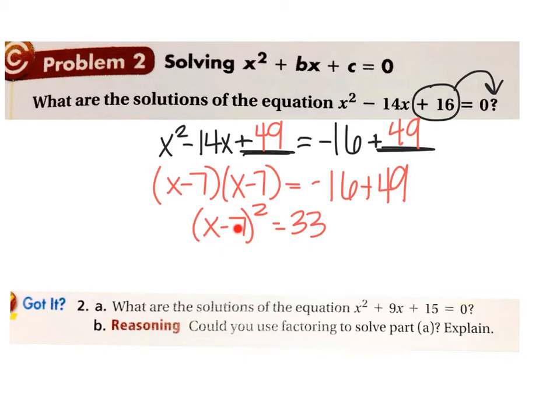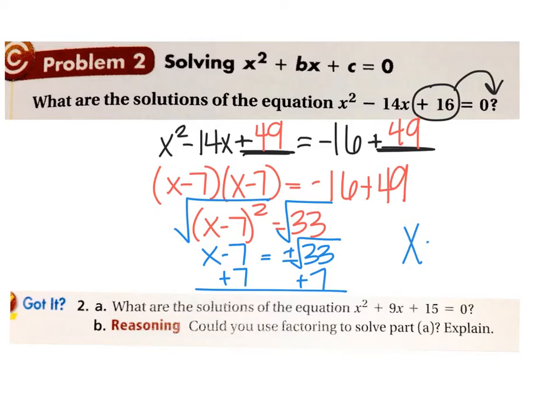First, it's being subtracted by 7, and then it's being squared. So the opposite of squaring it would be to take the square root. That gets rid of the squared. Now you've got plus or minus the square root of 33. And now get x by itself by adding 7. So I get x equals 7 plus or minus the square root of 33.